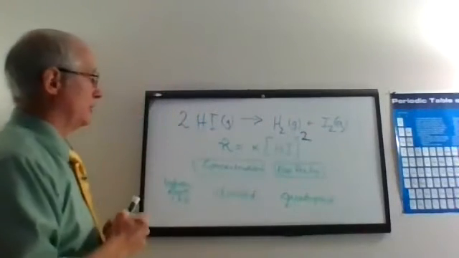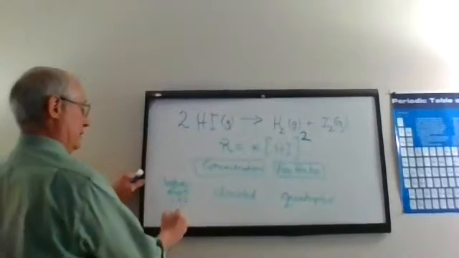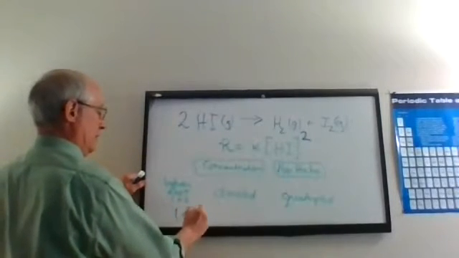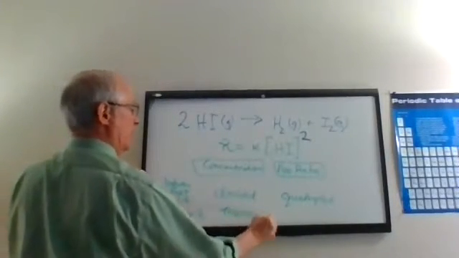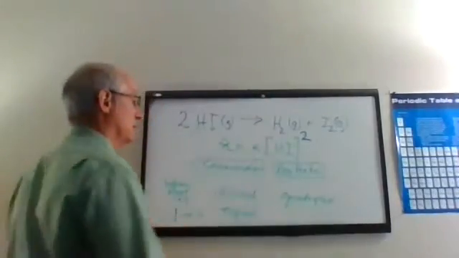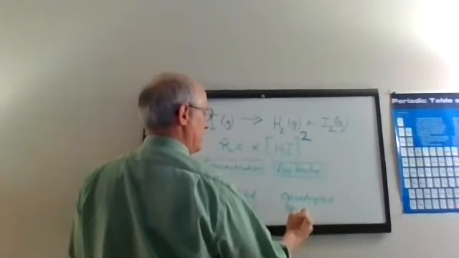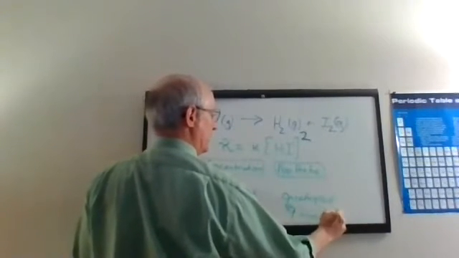So let's say if you tripled the concentration, let's look at experiment 1 to experiment 3. Tripled. What happened to the new rate? 9.9 divided by 1.1. It is 9 times the rate.